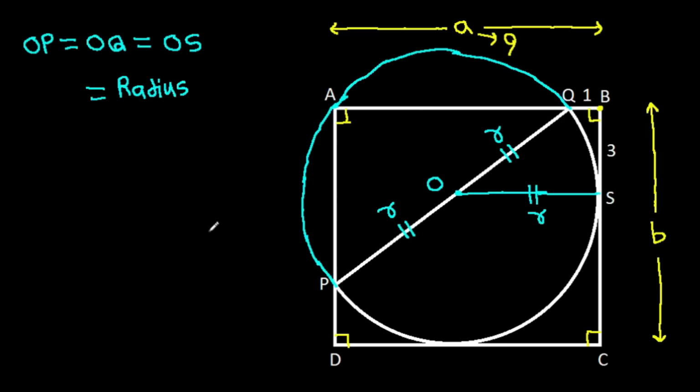And in any circle, radius and tangent are perpendicular to each other.